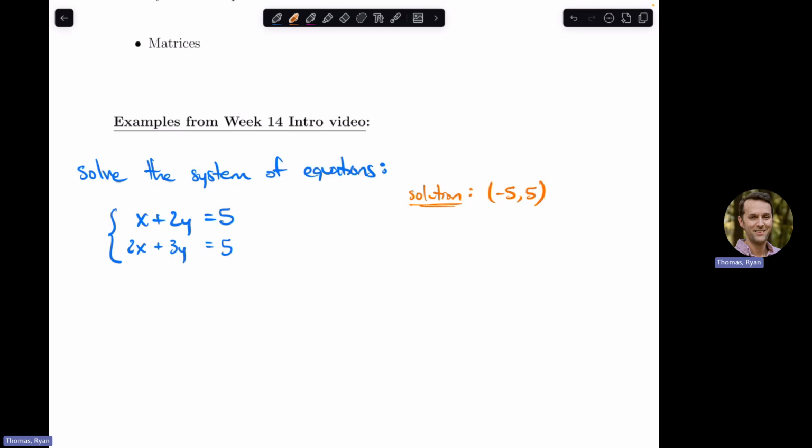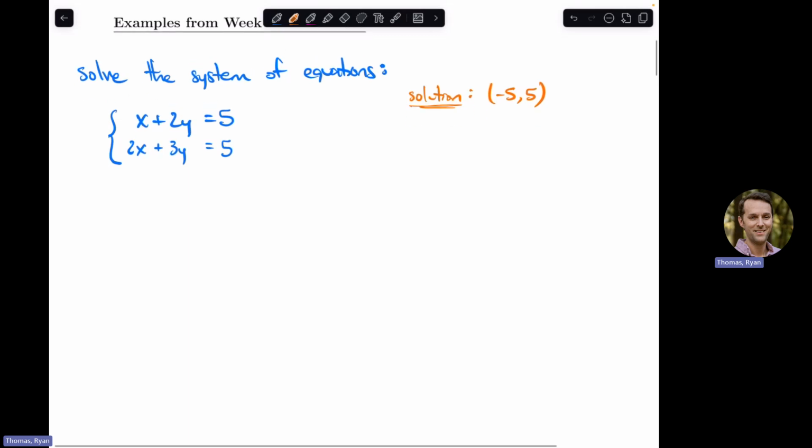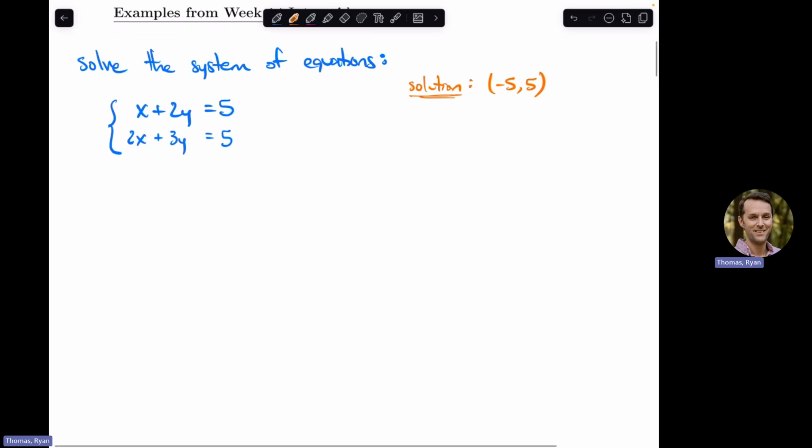Okay, so we're going to look at two different ways to solve this, and for the sake of this video, I'll just do them both. We'll go over it again in class, but I think this is a thing that starts to click a little bit better the second time you see it, maybe. So one possibility would be to think of these two separate equations and look for ways that I could combine them, right?